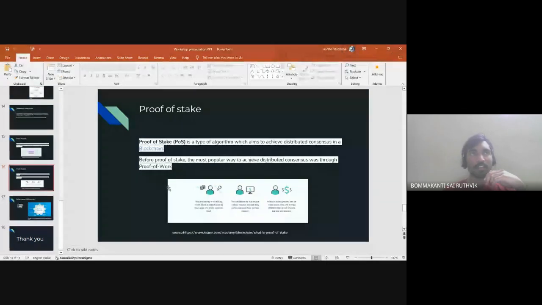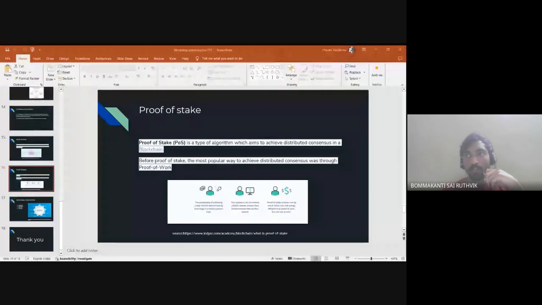Proof of work was invented by Bitcoin. In proof of work, the nodes should be able to solve a problem, and whichever node solves the problem first will get the Bitcoin, in the case of Bitcoin.